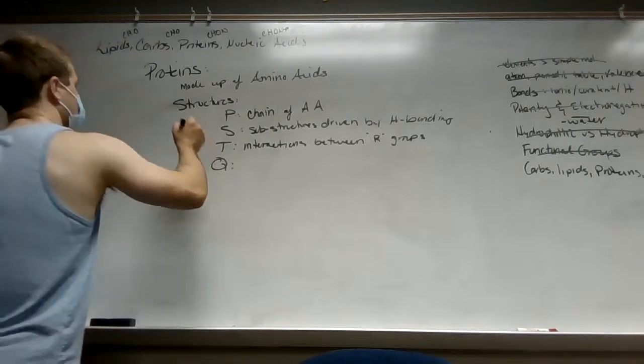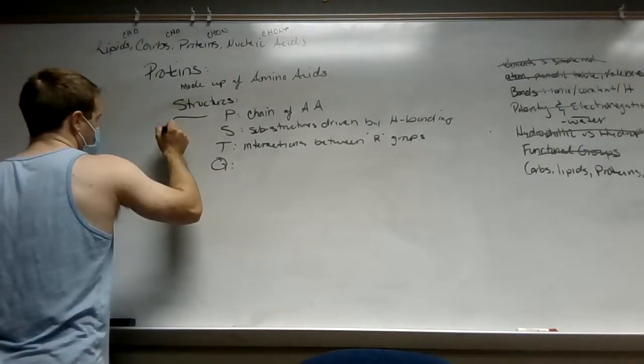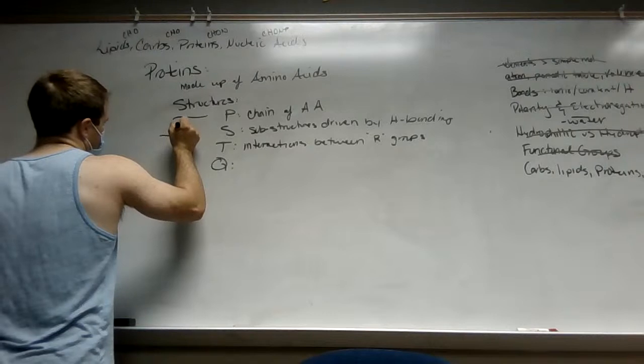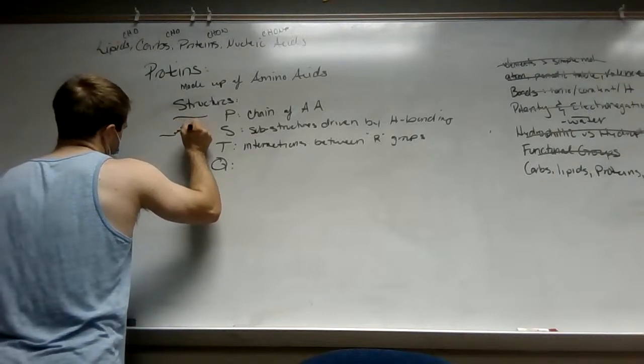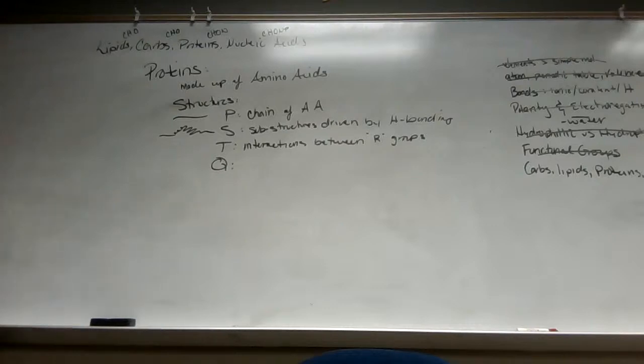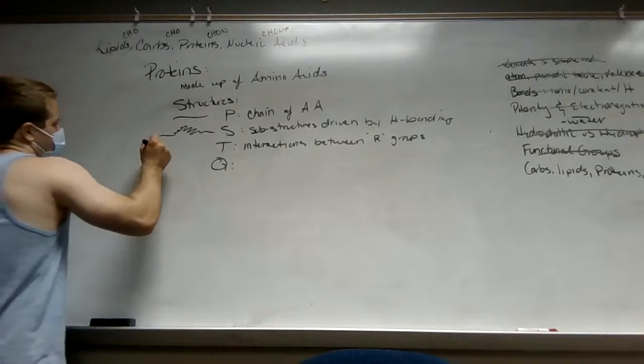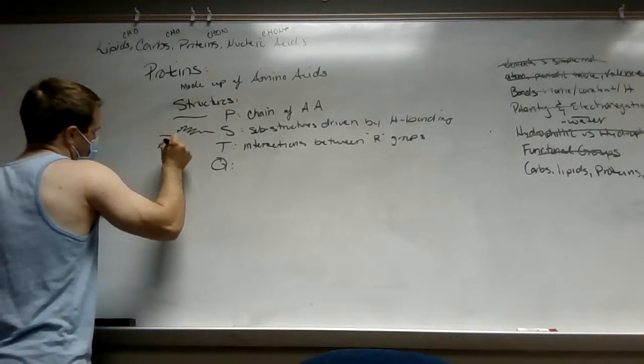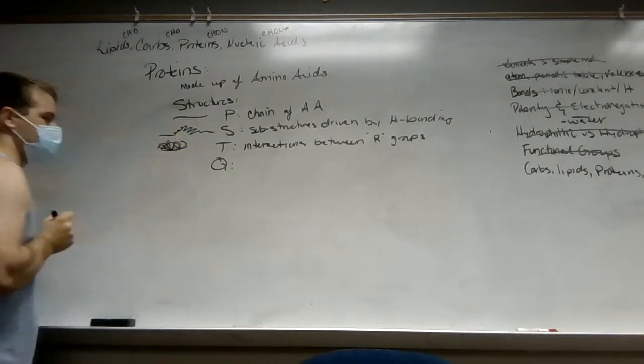If here we have just a chain, our secondary structure, exactly what these structures are doesn't matter. As you get more into your courses, you'll learn what each of those are. Tertiary structures are the final product of a single chain.